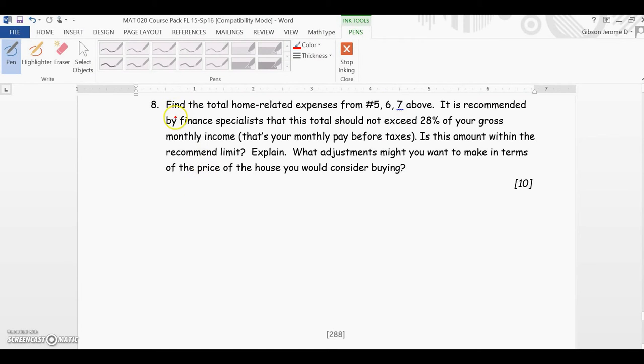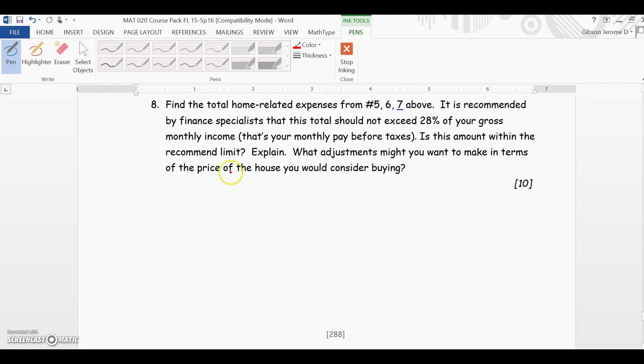Okay, class, for problem number 8, we have find the total home-related expenses from 5, 6, 7, and above. It is recommended by finance specialists that this total should not exceed 28% of your gross monthly income. That's your monthly pay before taxes. Is this amount within the recommended limit?